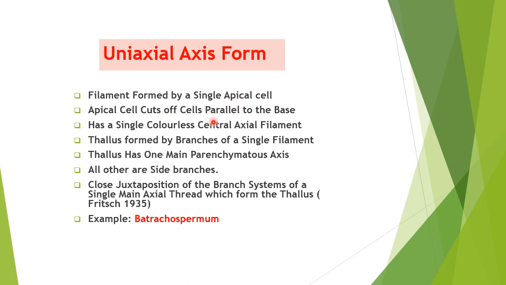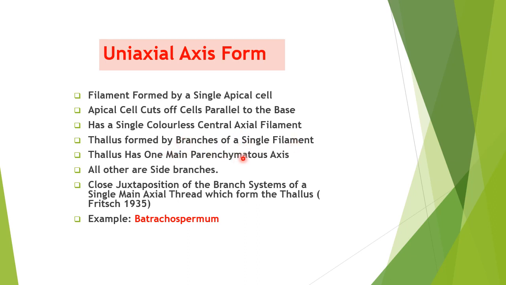So it can have a uniaxial form, where the filament is formed by a single apical cell. The apical cell cuts off cells parallel to the base. Now, uniaxial, as you know, means the organism divides at the tip and leaves the cells behind. They will be parallel to the base and there is a single colorless central axis. So because of one apical cell, there will be a central axis. On the sides of the central axis, the thallus is formed by branches of a single filament.